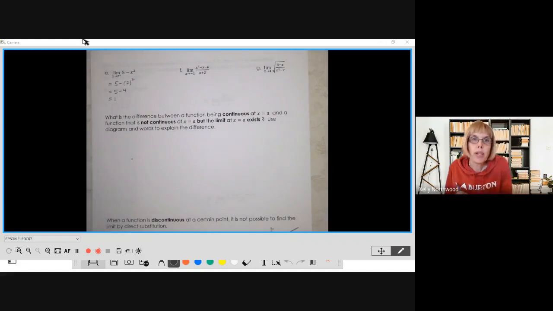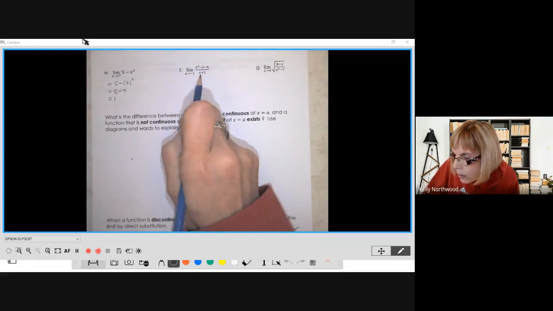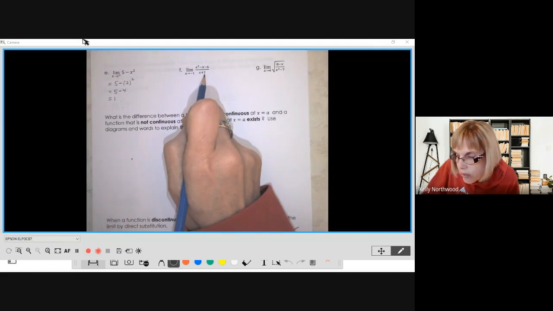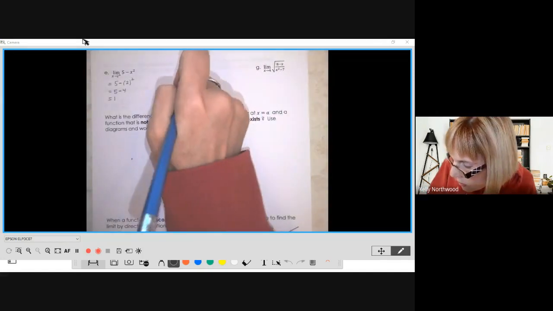F, we'd have to be a little more concerned about because the denominator is not a 1 here. So we really want to test: if we let x approach -1, what's going to happen to our denominator? And it's going to approach 1, which is fine. So again, we're fine to just substitute.